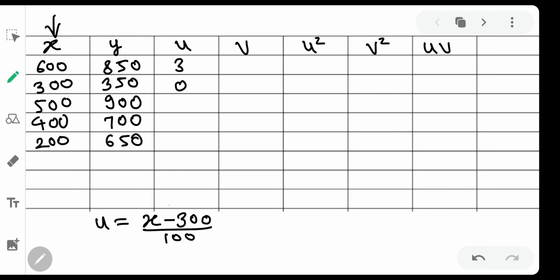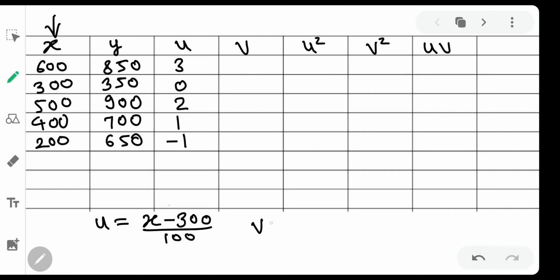Third will be 500 minus 300, which is 200, by 100, which is 2. Then 400 minus 300, which is 100, by 100 is 1. And 200 minus 300 is minus 100, divided by 100, is minus 1. Now these numbers are very small and very easy to deal with while doing the calculations.